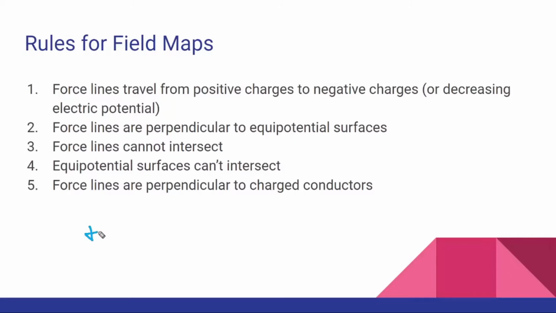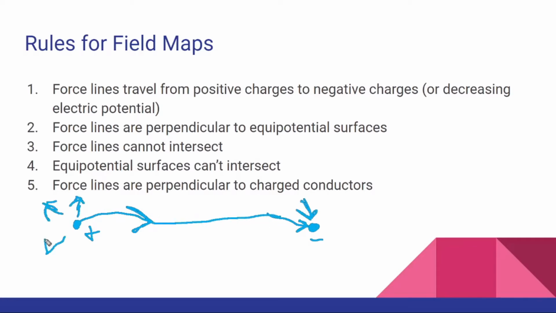Therefore, positive point charges will be an origin point for the field lines, while negative point charges will be an endpoint, resulting in field lines that look like this, where the field lines are emitted from the positive point charge and converge towards the negative point charge.